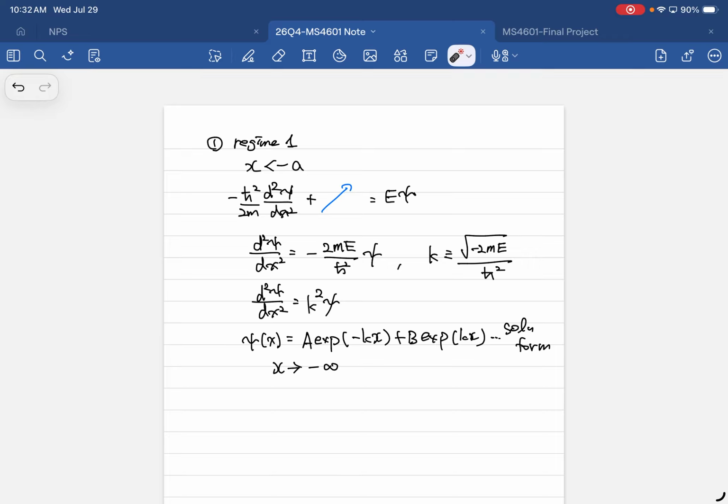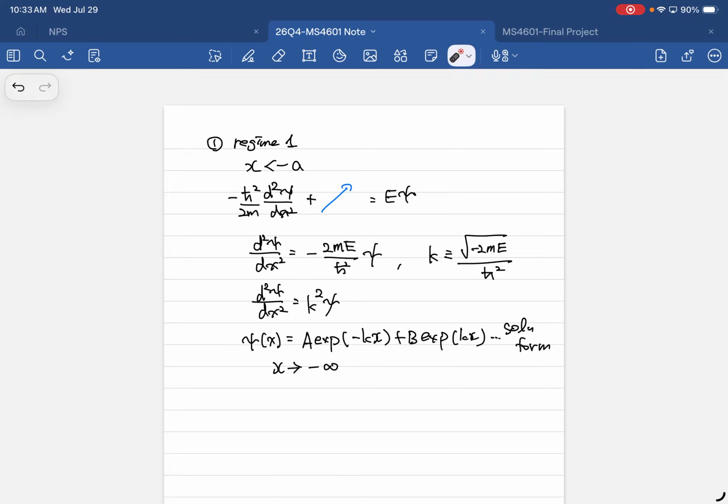Does that physically make sense? This wave function is related to the probability density function, so we will eventually evaluate psi star psi. But if psi becomes infinity as we go to negative infinity, psi star psi will also give you infinity.